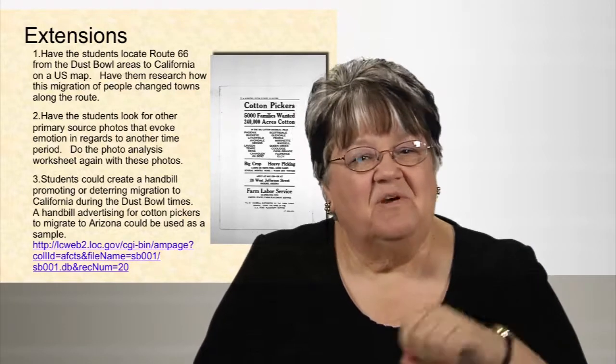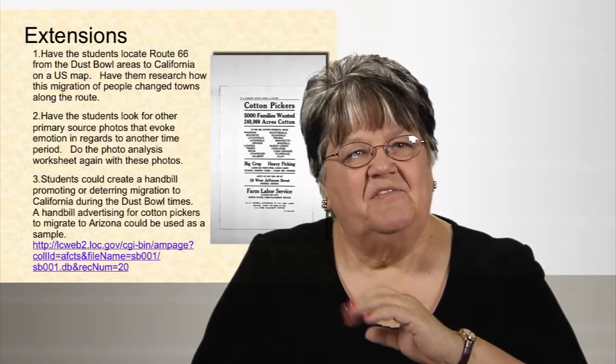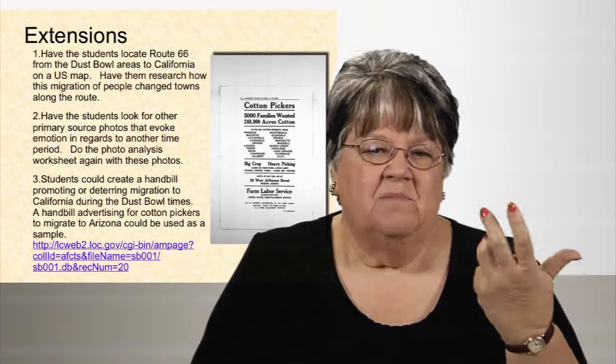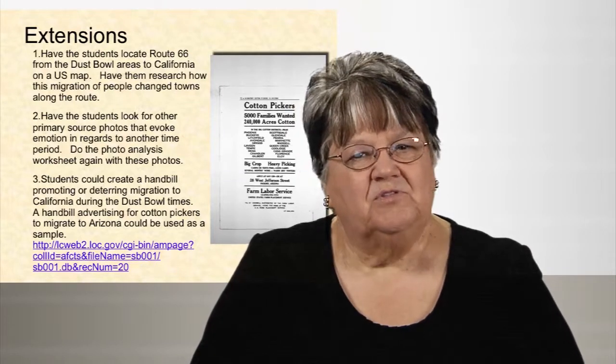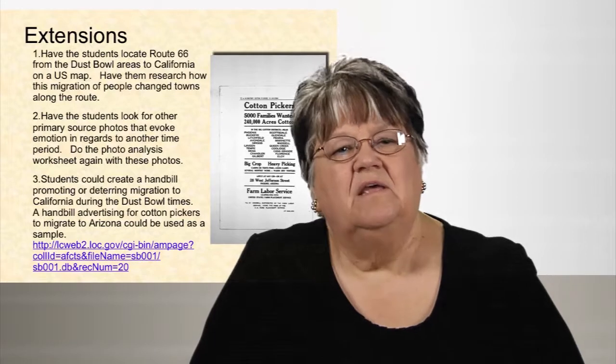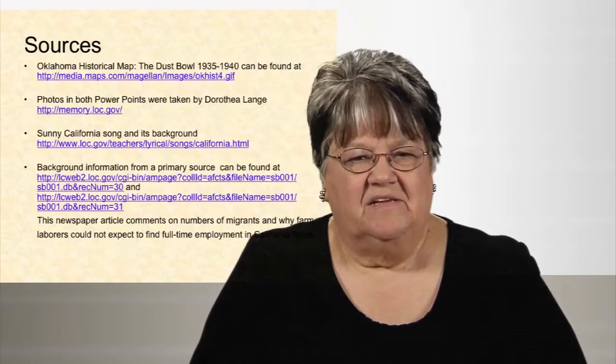But I did find one for Arizona. And here's one asking for cotton pickers to come. 5,000 families are wanted in Arizona. So kids could write a handbill trying to attract people to a place, come to Arizona, come to California, because we have jobs. And these are my sources.